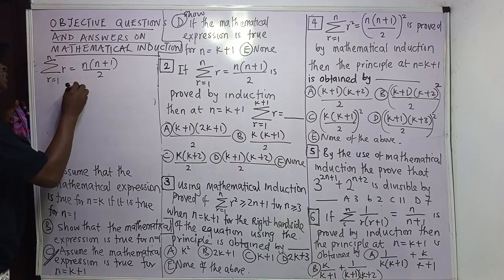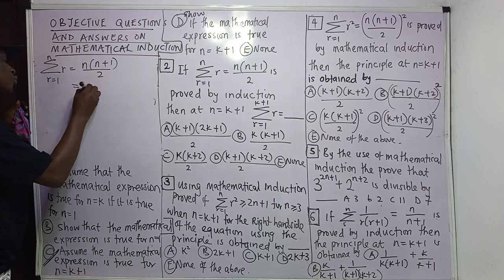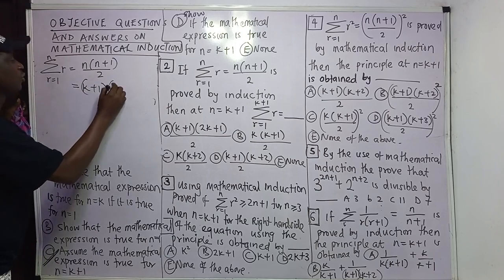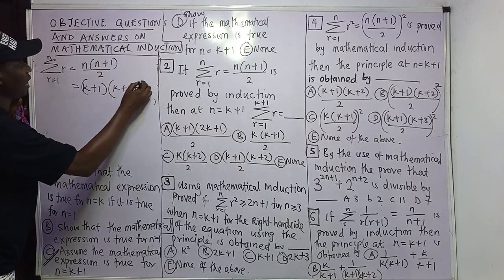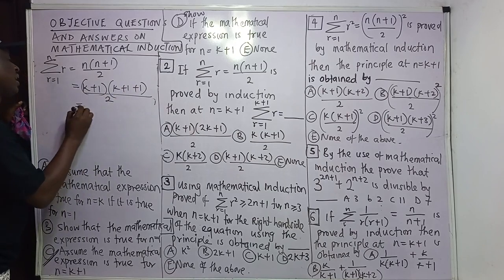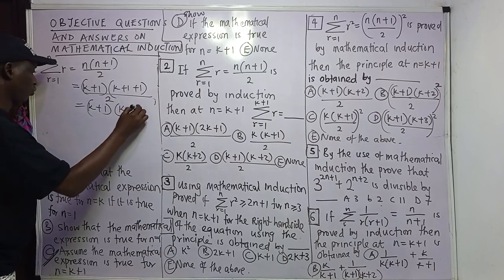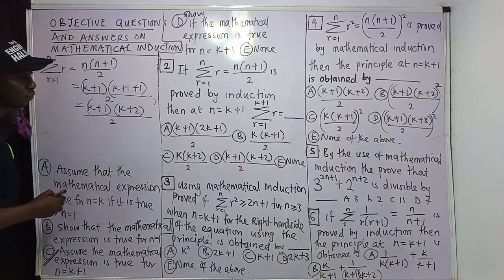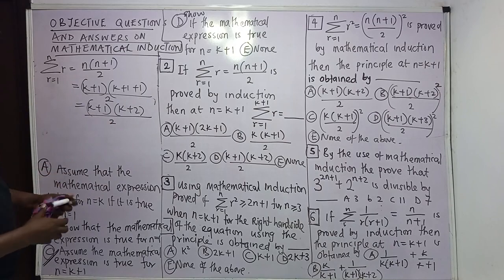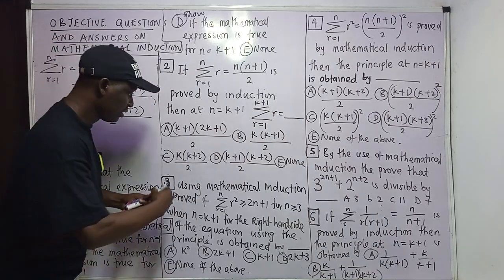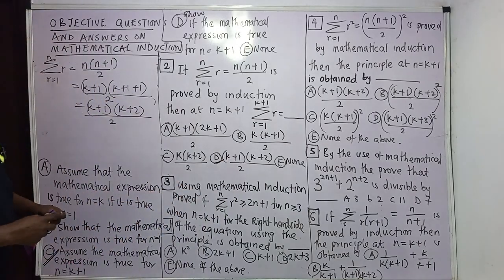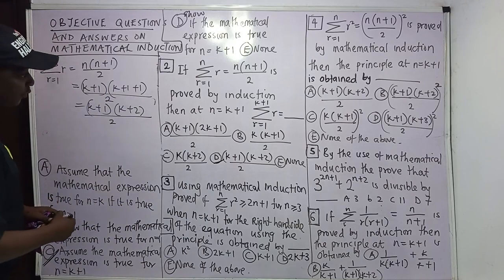Anywhere we see n, we put k plus 1, so we have k plus 1 into bracket k plus 1 plus 1 all over 2. So our answer will be k plus 1 into bracket k plus 2 all over 2. I'll go for option D, which says k plus 1 into bracket k plus 2 all over 2. Option D is the correct answer for number 2.